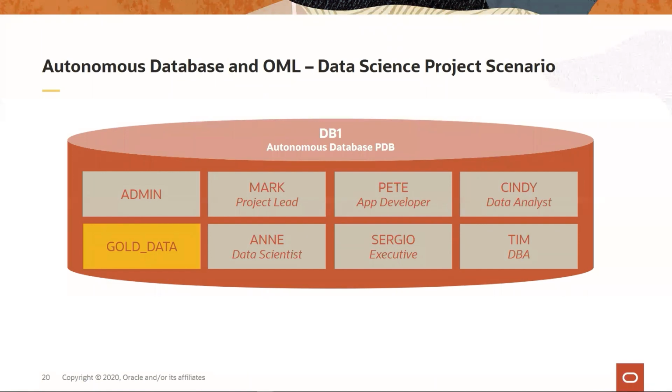And we also have an additional schema that one might like to create to store all of what we call the gold data, right? The data that you want to have available to everyone, but you don't necessarily want users to be able to modify that source data, but you do want them to have access to it and to be able to work with that in their own environment. So this is sort of setting the stage for what we can handle with that.